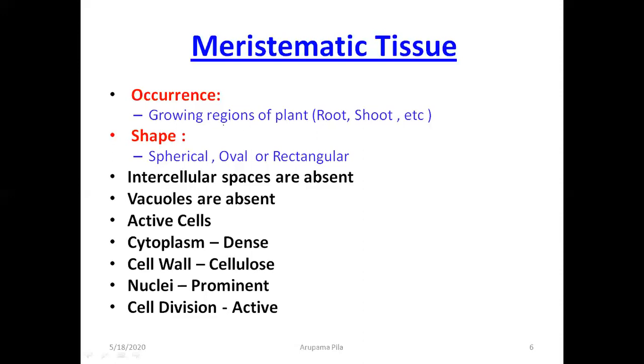Just see about this first. Meristematic tissue, its occurrence, meaning where it is present. It is present in the growing regions of the plant, as I told you, in the root and shoot. Then their shape may be spherical, oval, or rectangular.